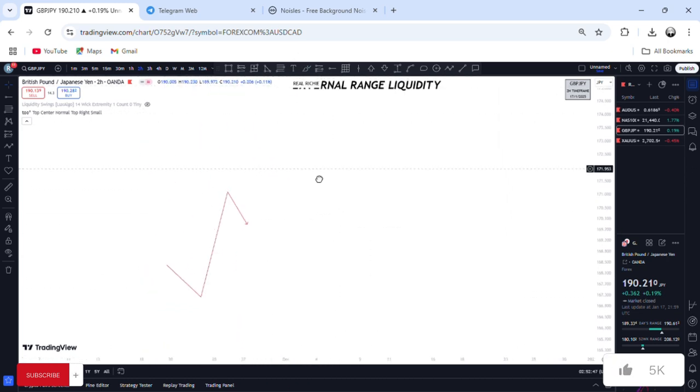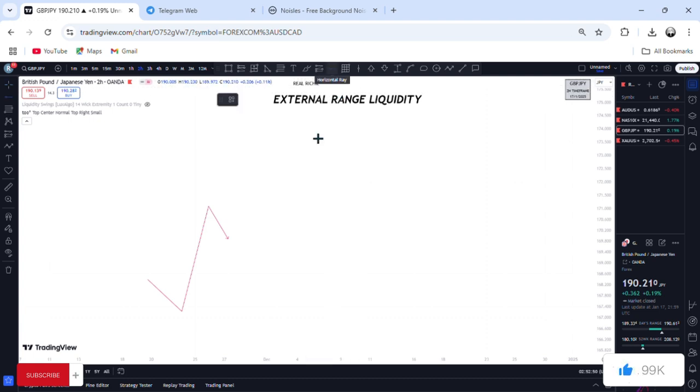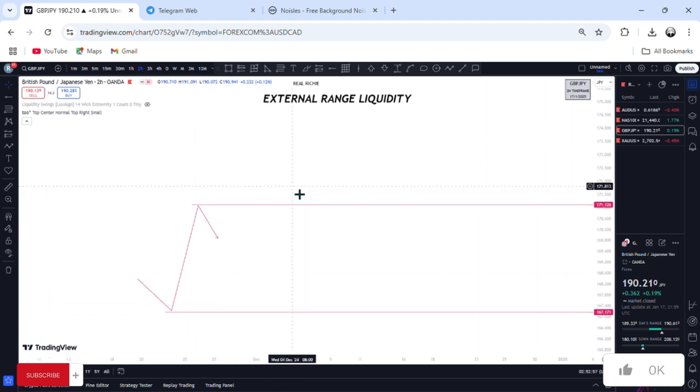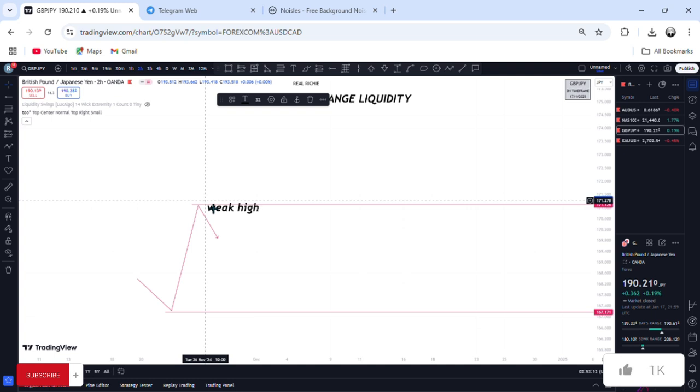First of all, we identify the low here and the high here. Then to name these two with the external range liquidity, we give them a name. The high is a weak high, and the low is a strong low.